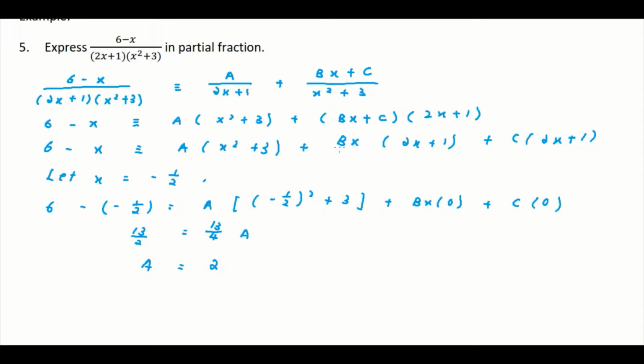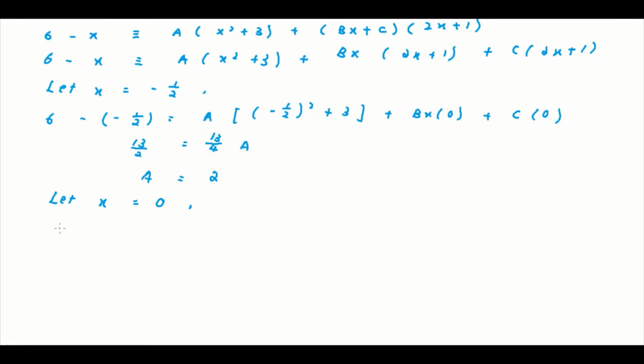Yes, you can, because it's b times x. For the bx here, when I let x be 0, b will definitely be 0. Then I'm left with the a term, which I already have, so I can get the answer. I will do 6 minus 0 equals a times 0 squared plus 3, plus b times 0, so anything behind is not important anymore.